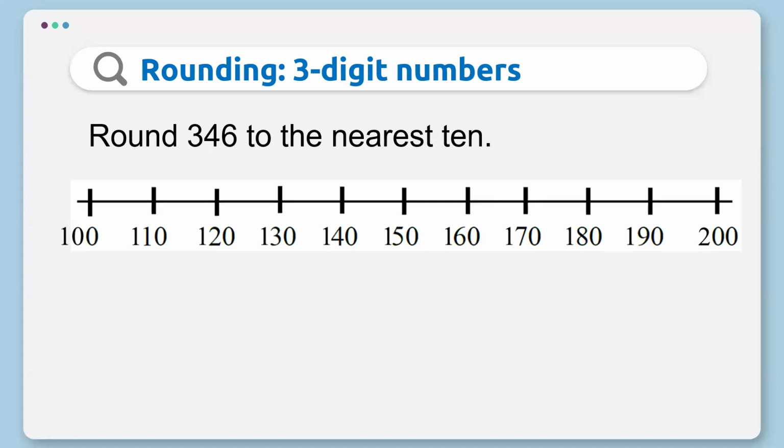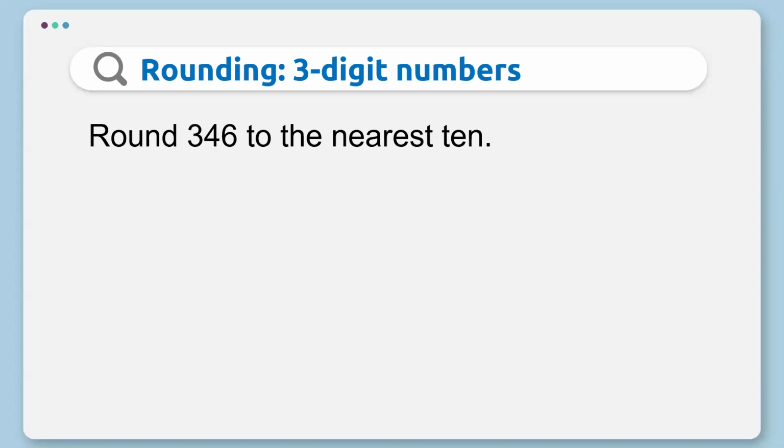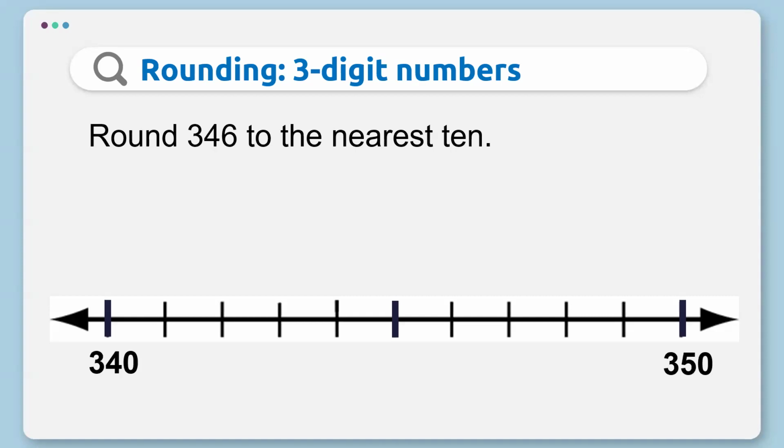What about 346? If I look at the number line here, does 346 fall anywhere within this number line? No. So what do we do? We can figure out which tens 346 is between, and that will be 340 and 350.